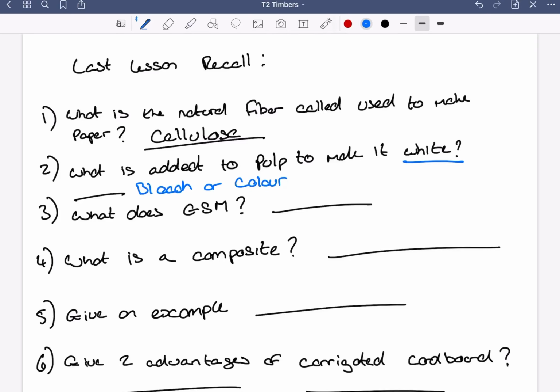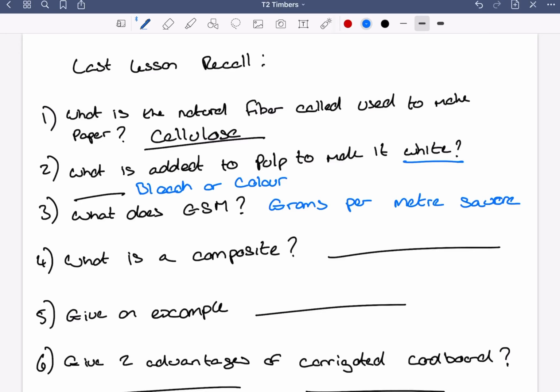What does GSM stand for? Let's just remove that line. So GSM stands for grams per metre square. What is a composite?